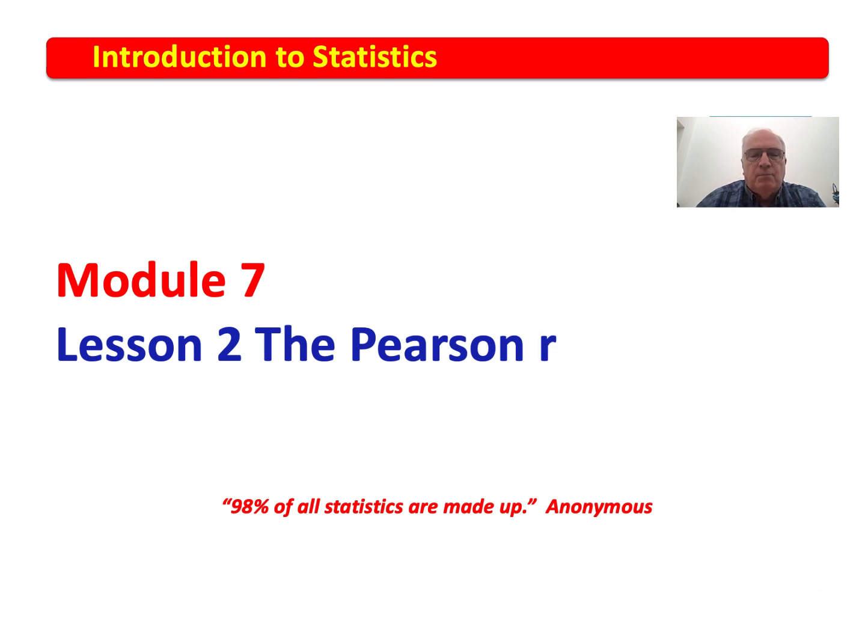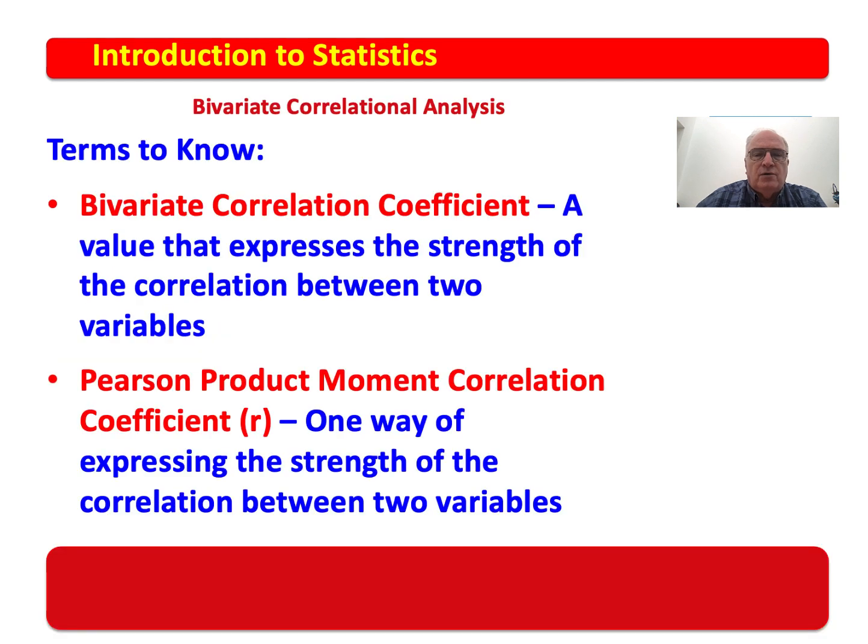That's going to be a number which, when we look at it, we will be able to tell whether it's positive or negative and be able to identify whether it is weak or strong. Bivariate correlation coefficient is a value that expresses the strength of the correlation between two variables.